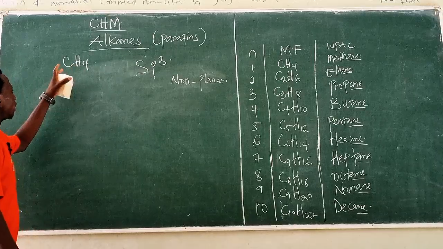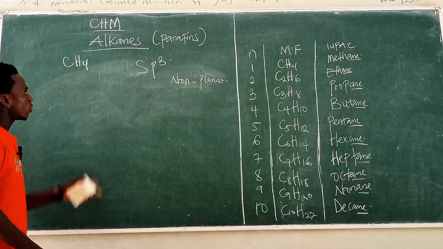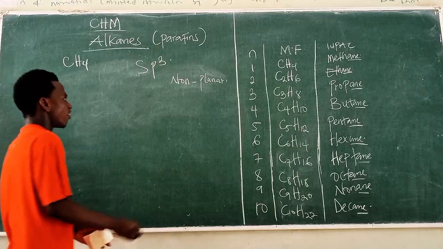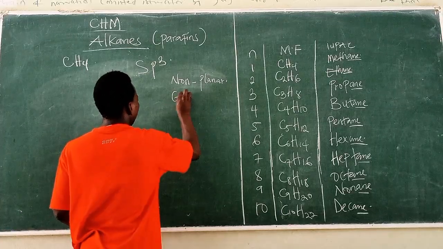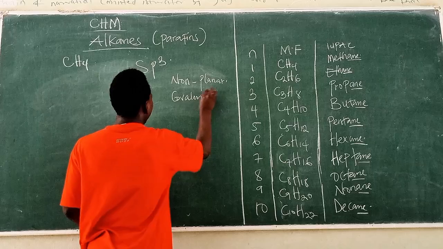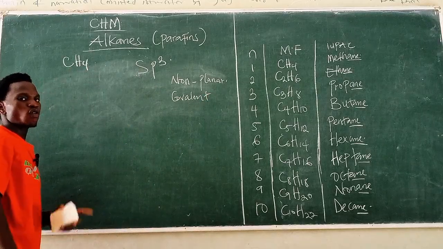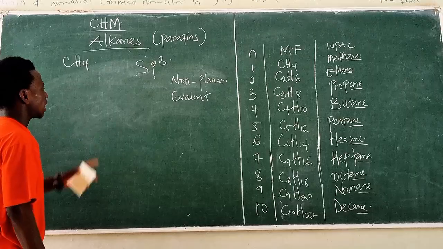The bond found in this particular compound is known as the covalent bond. That is why I said this particular carbon is covalently bonded to 4 other hydrogen atoms.